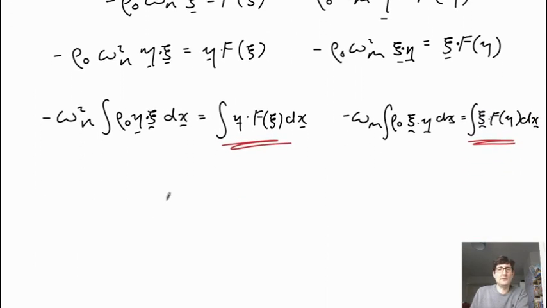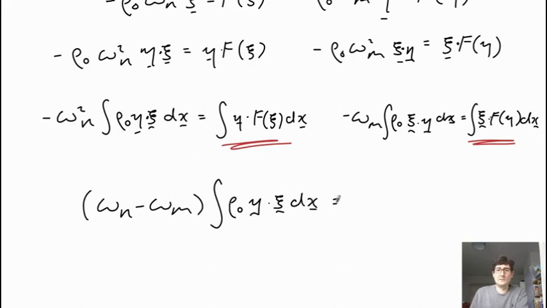And so we rearrange this to write down that we have on the left hand side omega n, say, minus omega m, to move one of them over to the other side, multiplied by this integral rho naught eta dot psi.